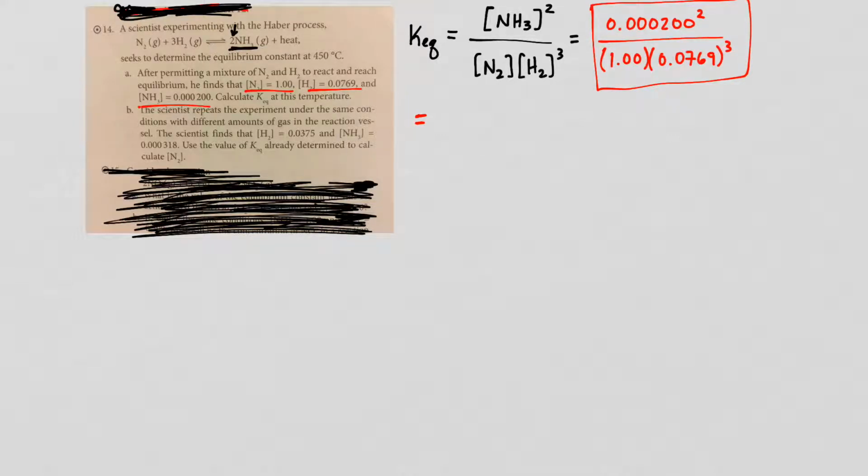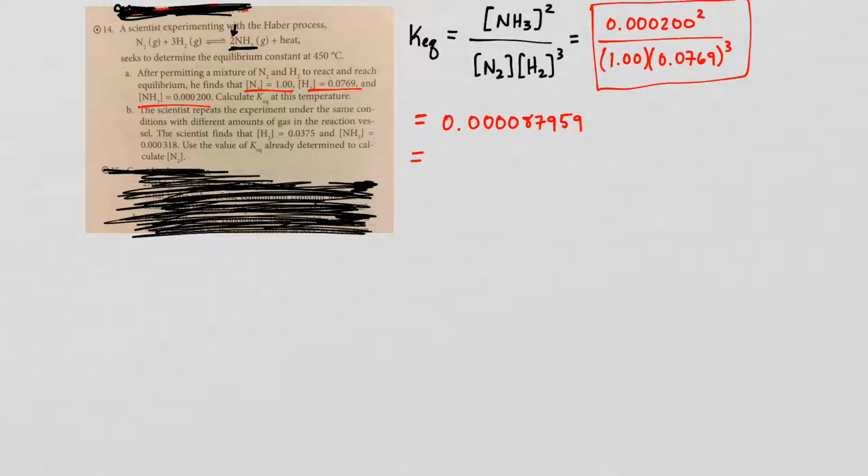And then the final result is 0.0000, so there's 4 zeros, 87959 is what I get in my calculator.